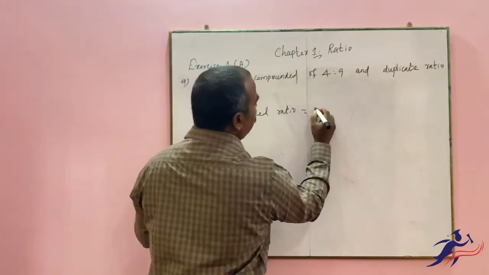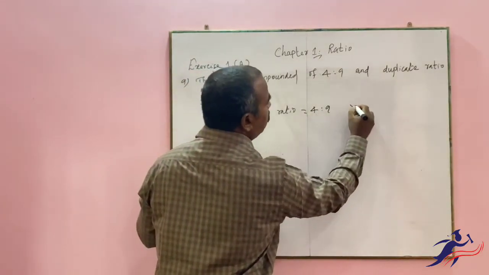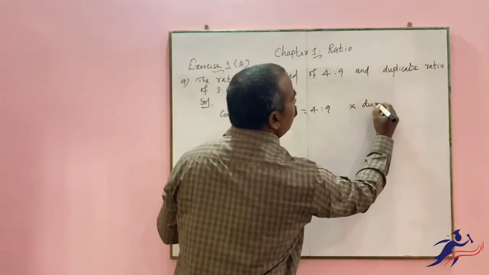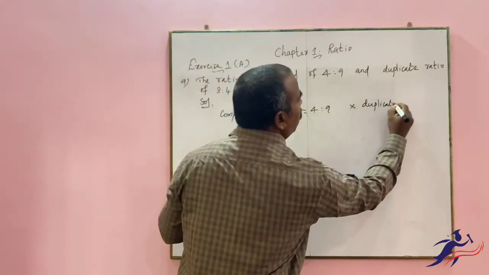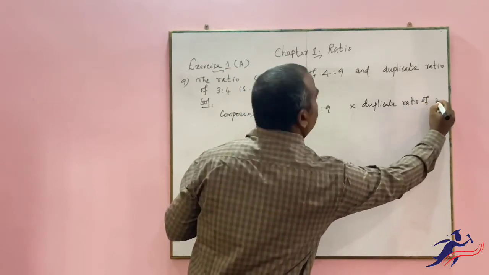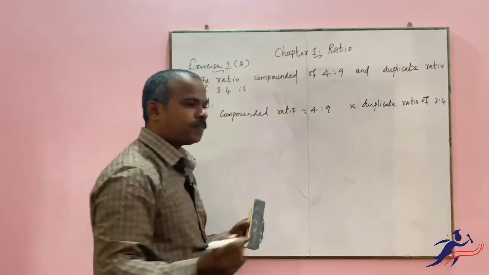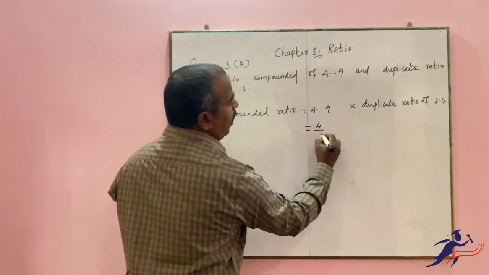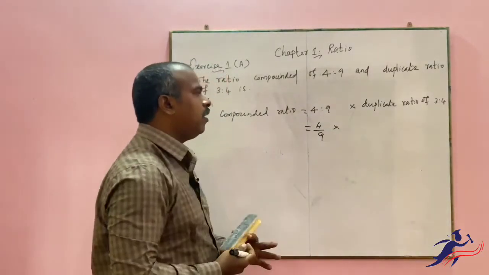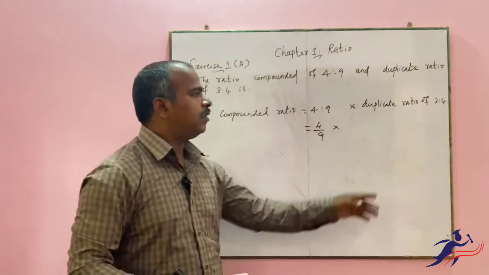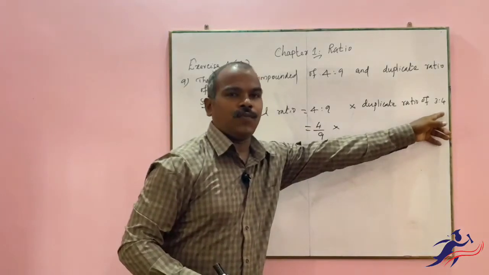So compound, that is 4 is to 9 into the second one, duplicate ratio of 3 is to 4. That is 4 is to 9 can be written as 4 by 9 into the duplicate ratio of 3 is to 4, which is 3 square is to 4 square.